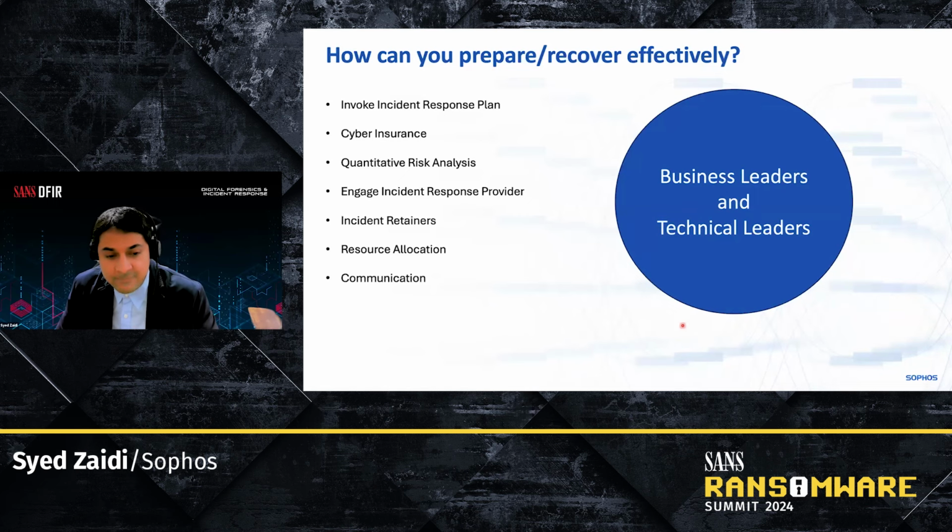I will give you an example of the Sophos ransomware attack we all heard about in the news. As soon as they were hit by the ransomware attack on Thursday evening, in the early hours of Friday, one of the employees shared a snapshot of the ransomware note on Twitter, and that really made things bad.